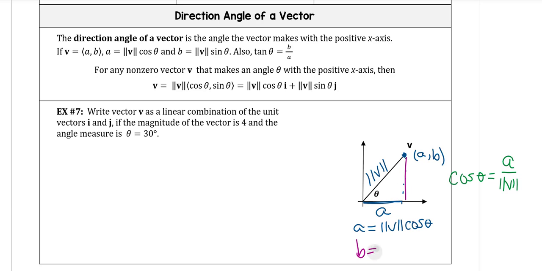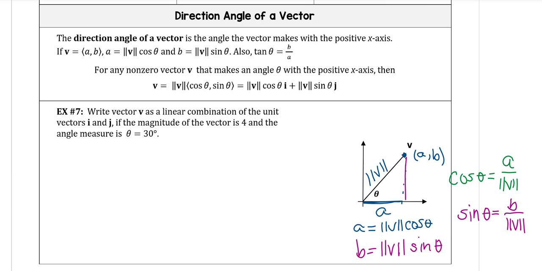The same can be said for our b. So b can be found by taking the magnitude of the vector times the sine of theta. Again, that comes from the fact that sine of theta is the opposite side, which has length b, divided by the hypotenuse, which is the magnitude of the vector.